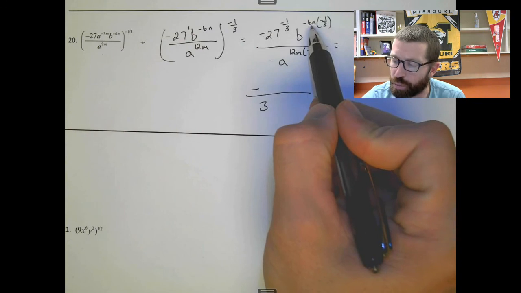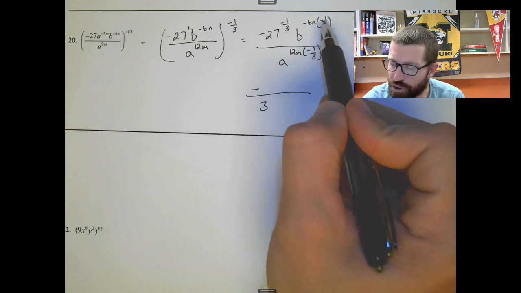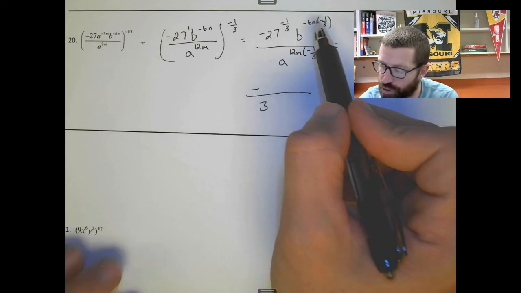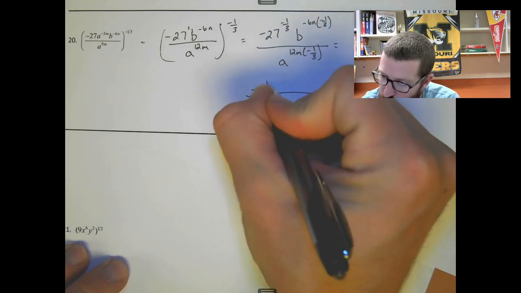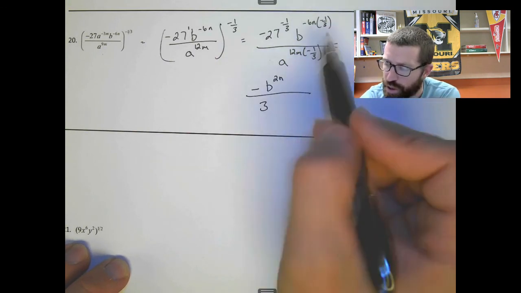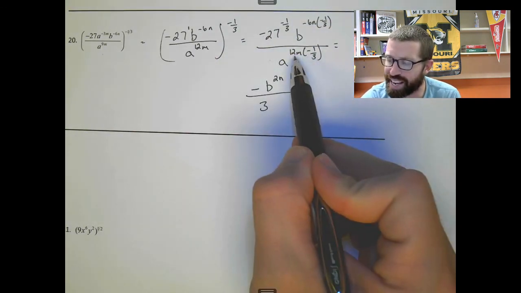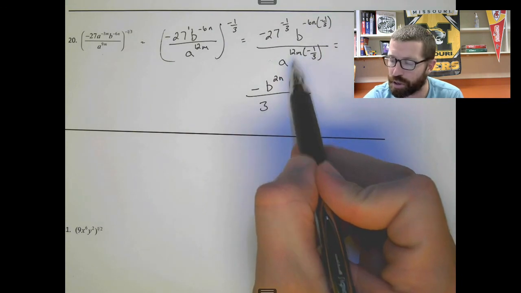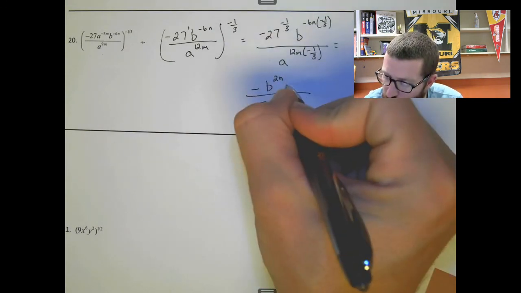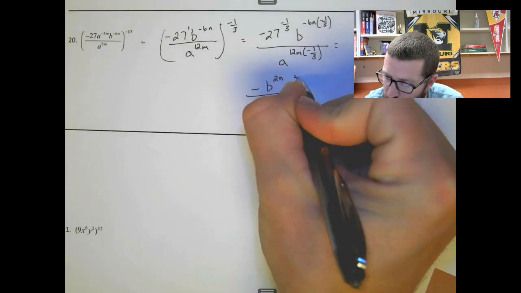Here, multiply these exponents, and you get a positive 2n. So the 3 and 6 reduce. So you don't have to move the b. And then here when you multiply, you get a to the negative 4m. But I don't like negative exponents, so we move that to the top, and it becomes a to the positive 4m.